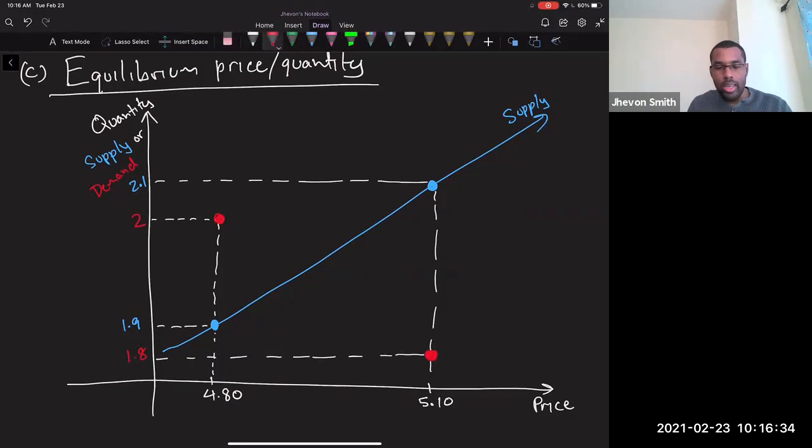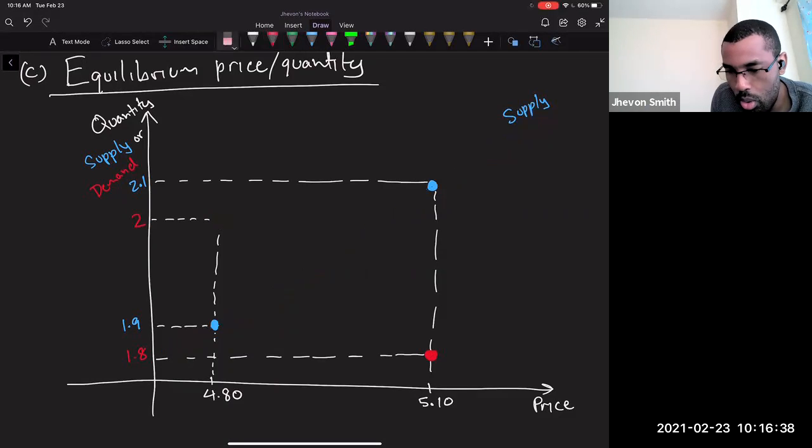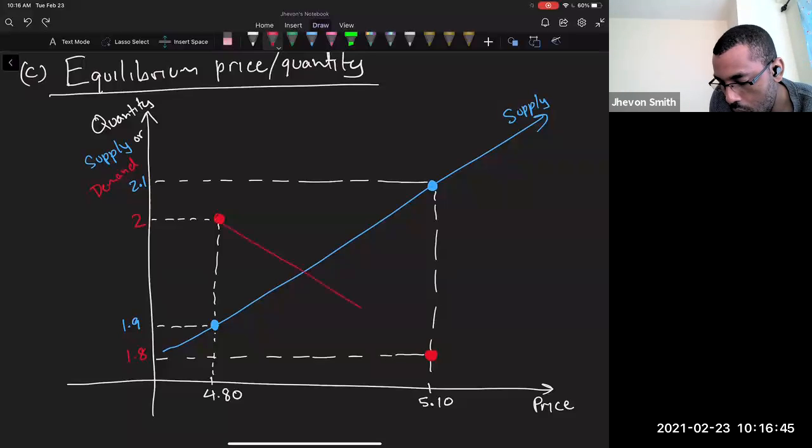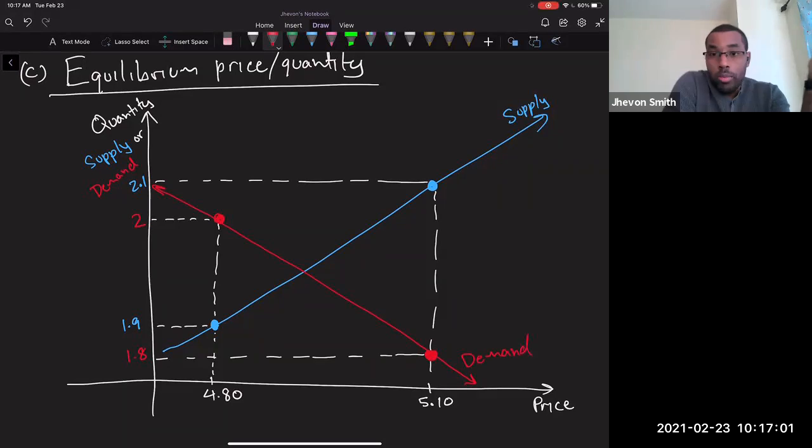Again, assuming that the equation here is a straight line. That's what that would look like. Okay. So this is demand. Right. So this is the law of supply and demand. Demand will decrease with a higher price. Supply will increase with a higher price.